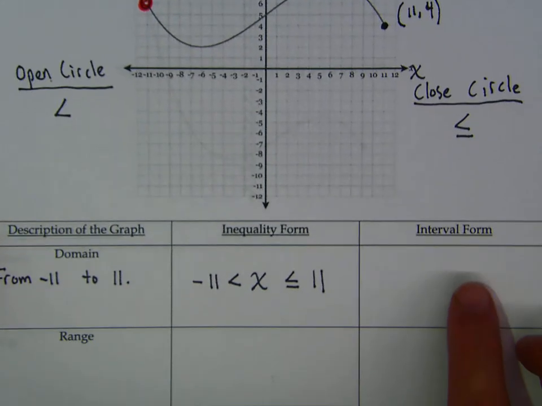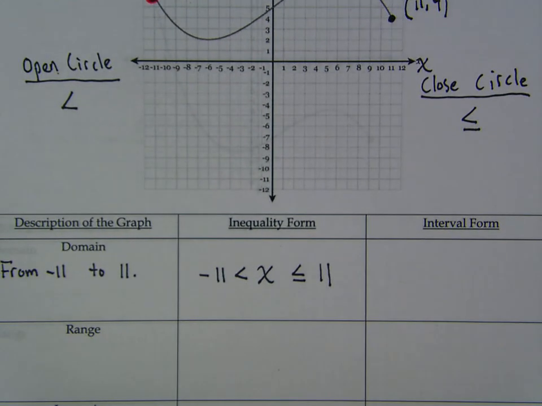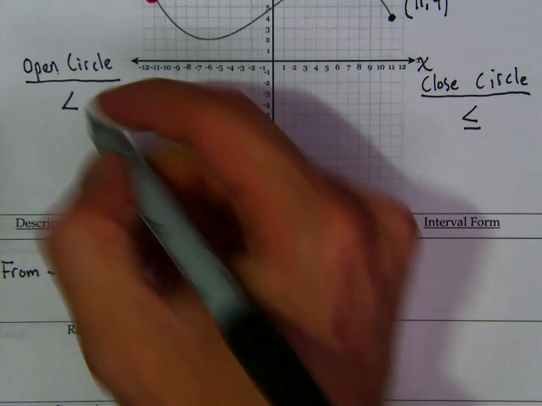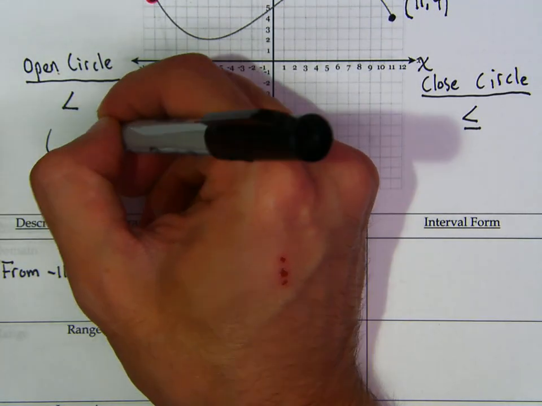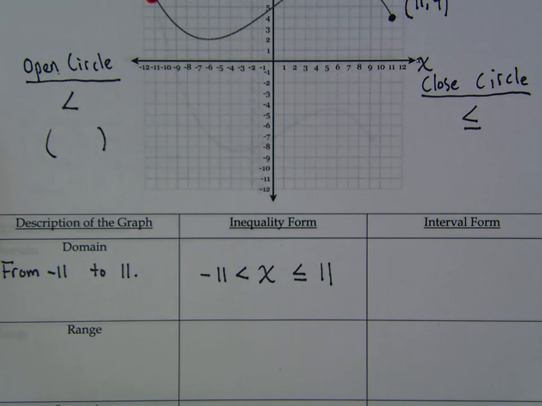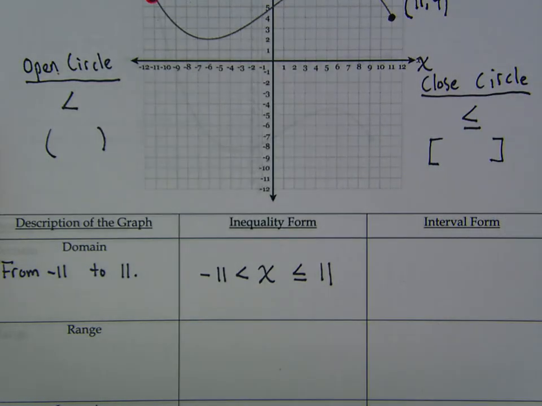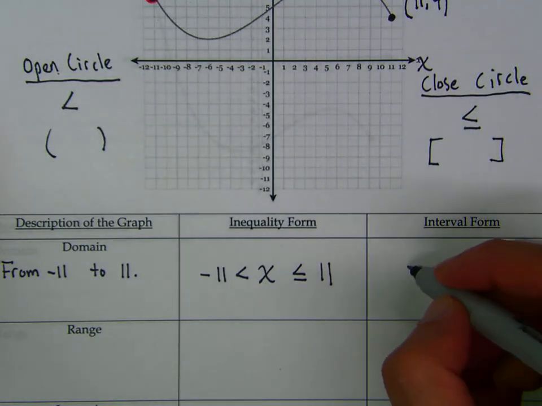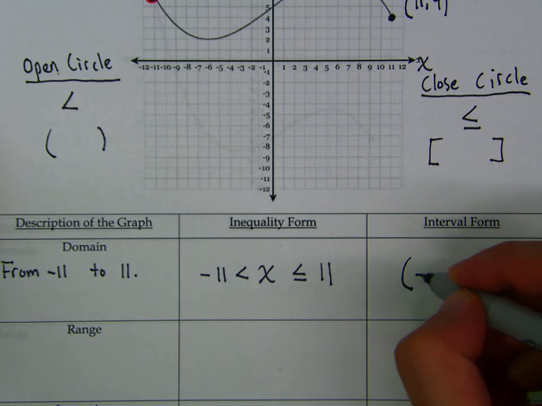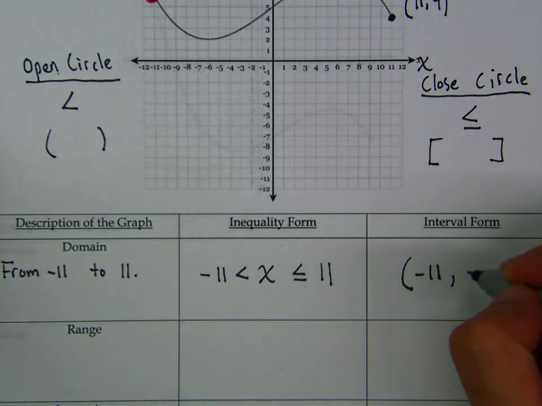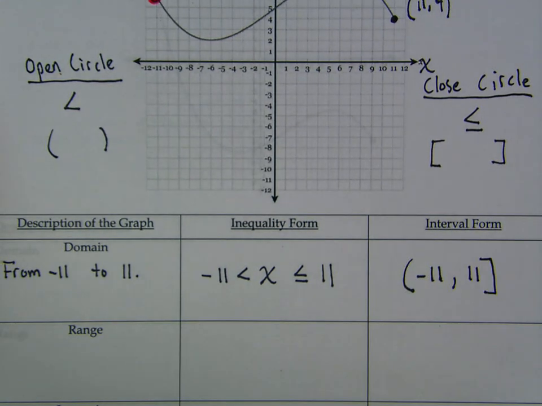When we show the interval form, anytime you have an open circle, we show parentheses. But if I have a closed circle, I show brackets. So the way it works is you say open parenthesis, -11, comma, 11, bracket.